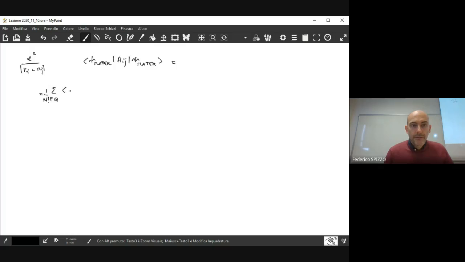Then we have the one-electron wave functions. Just for the first time, I also write the wave functions corresponding to i and j.